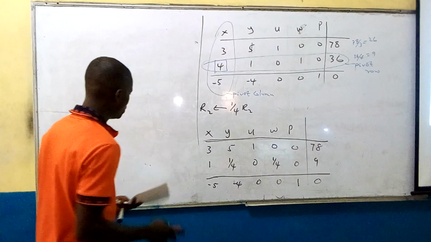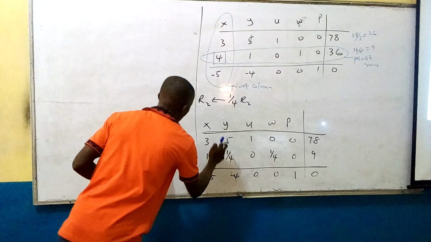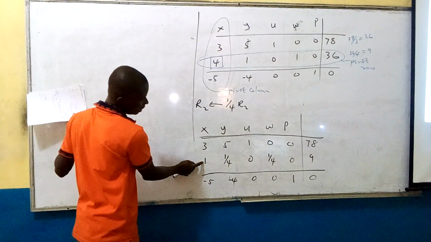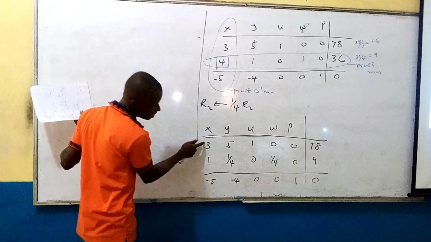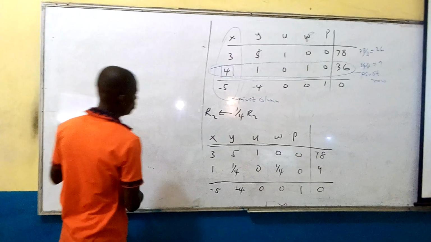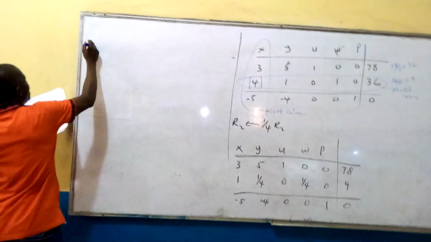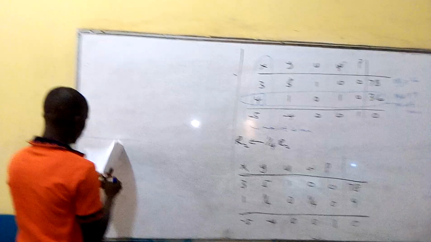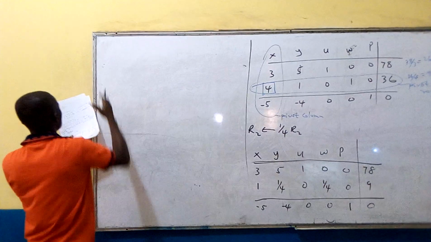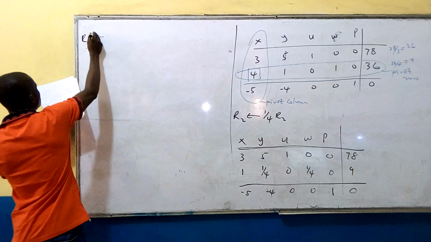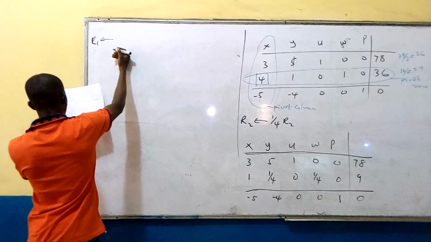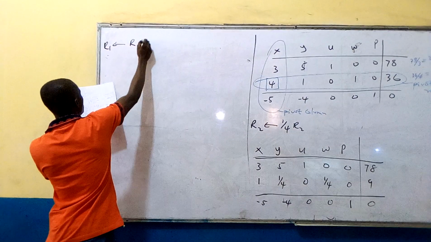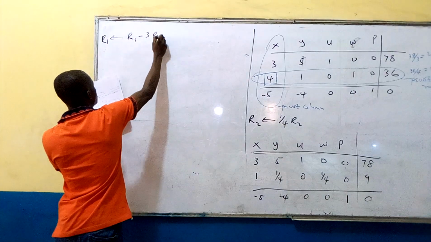So we can multiply the second row by 3 and subtract it from row 1, so row 1 is replaced by row 1 minus 3 row 2.